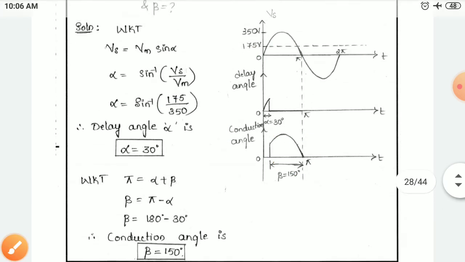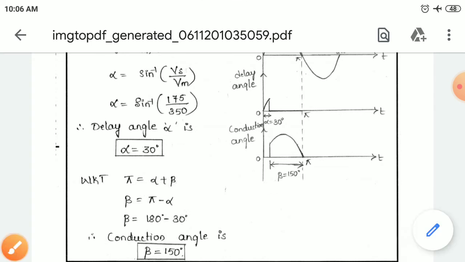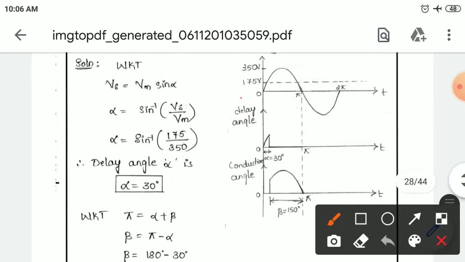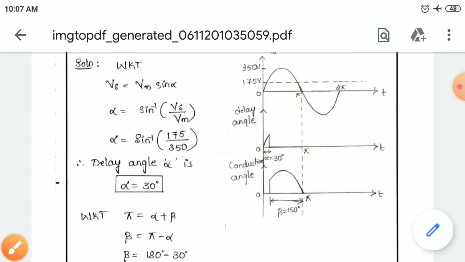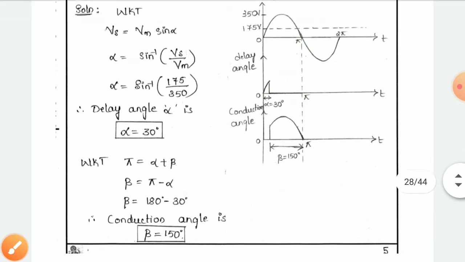Pi is the angle from 0 to pi here. If you subtract the delay angle, you will get the conduction angle. So pi is equal to alpha plus beta, that is, delay angle plus conduction angle. So beta is equal to pi minus alpha.